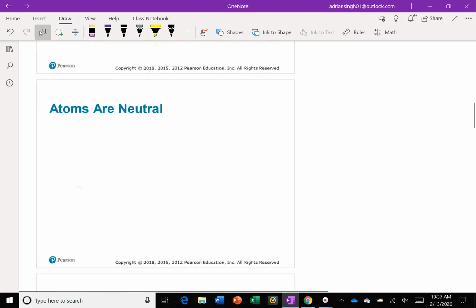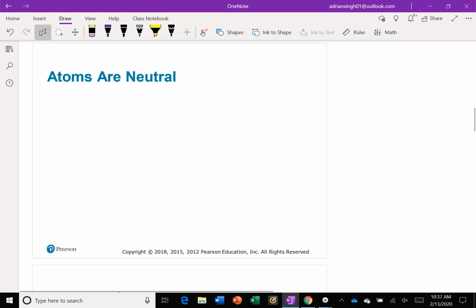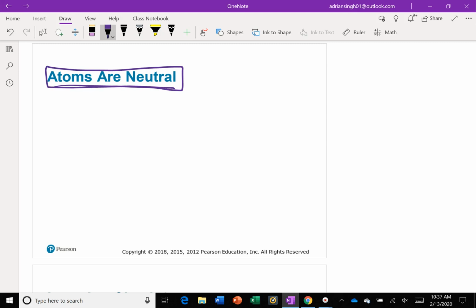So, one thing to keep in mind as we go through this process to determine the number of subatomic particles is that atoms by definition are going to be neutral. And if something is neutral, this means the number of positive charges must equal the number of negative charges, right?